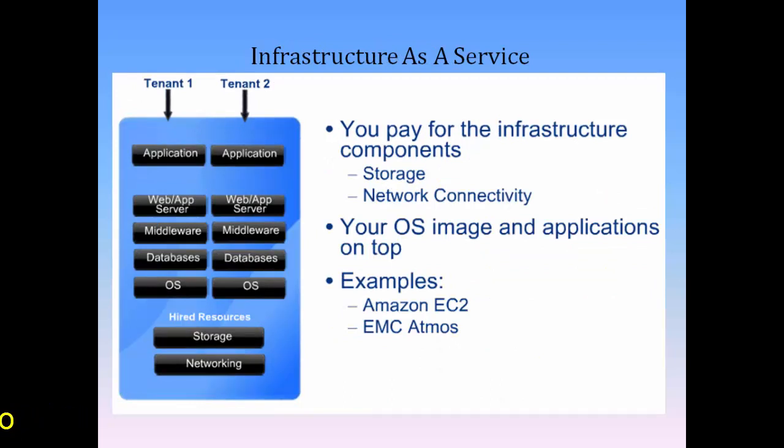Infrastructure as a service means basic networking, storage, everything; these parts come under infrastructure. It means the cloud provider is responsible just for this part, storage and compute power, your CPUs, whatever CPU type you want.